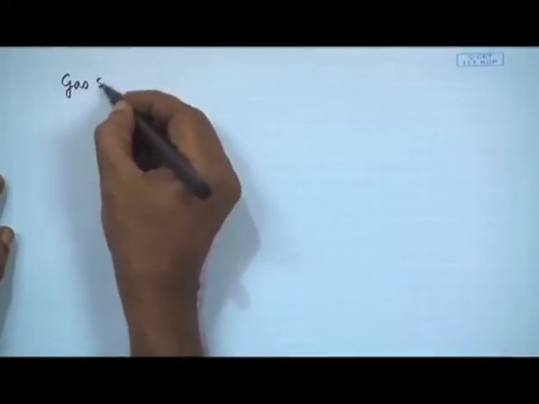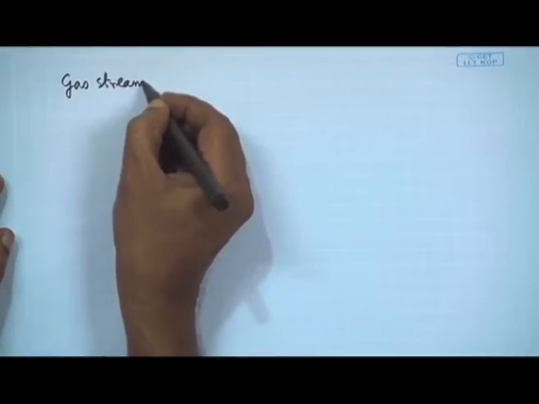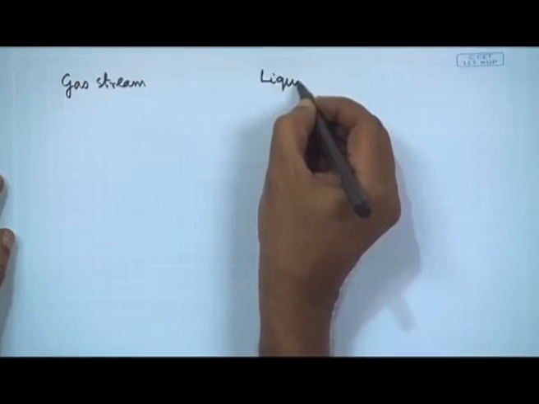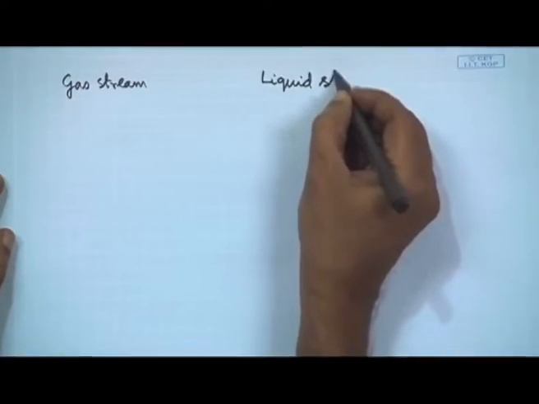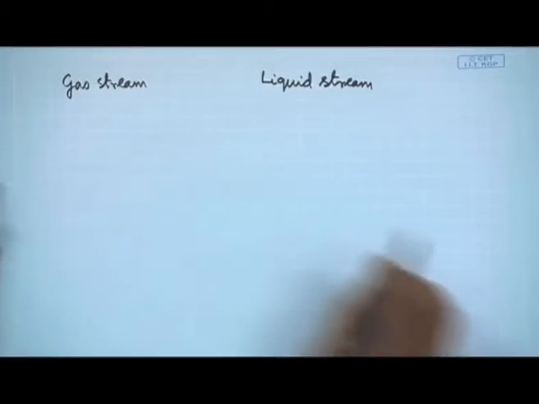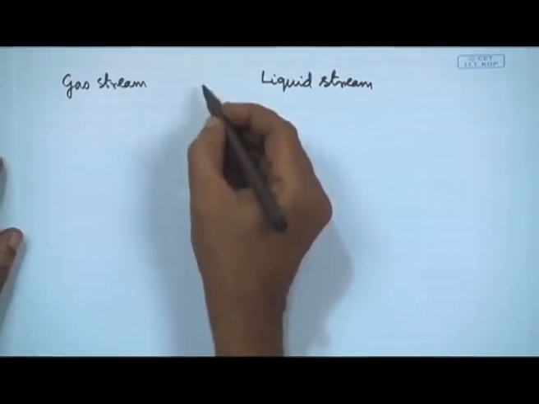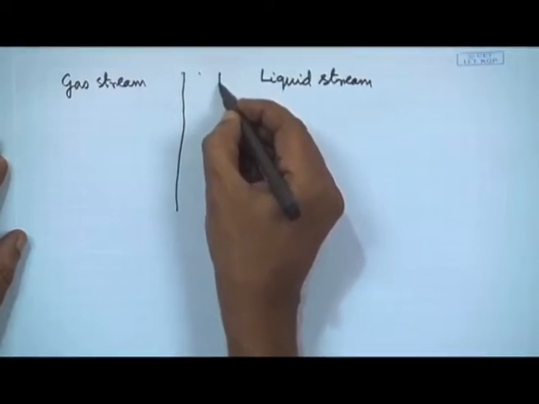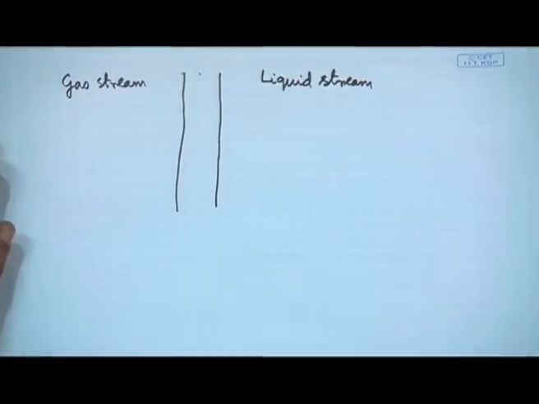Let us say we have got a gas stream and then a liquid stream, and they have got different temperatures, and in between there is some sort of a solid wall. Schematically the solid wall is shown like this.